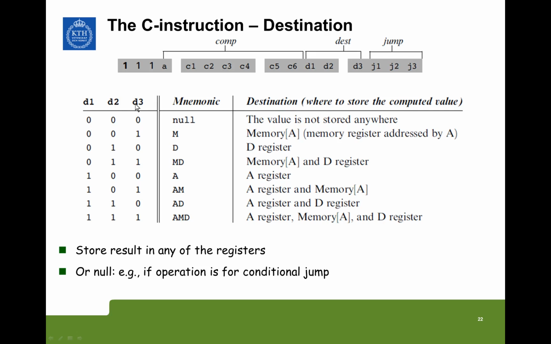D1, D2, D3 defines the possible destinations, starting from D3 it will be storing the result in the memory at address stored in the A register. D2 will be storing the result in the D register. D1 is storing the result in the A register. If many of these bits are set to 1, then the result will be saved at all of these locations.